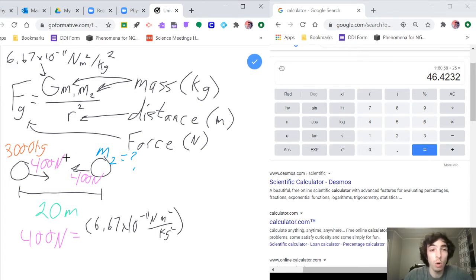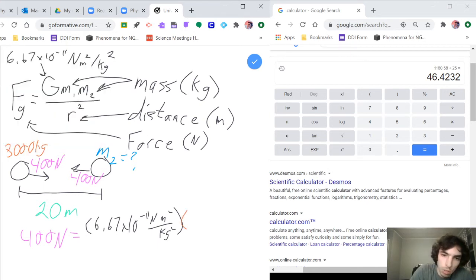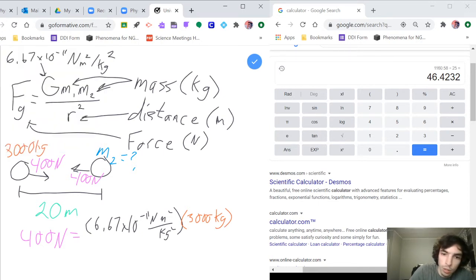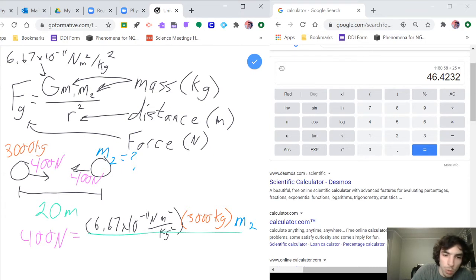And then we know what one of these masses is. I'll plug in for M1 right now. So that's 3,000 kilograms. And then we don't know what that other mass M2 is. But we still do know our distance on the bottom, so I'm going to plug in that 20 meters and make sure that I square that 20 meters.